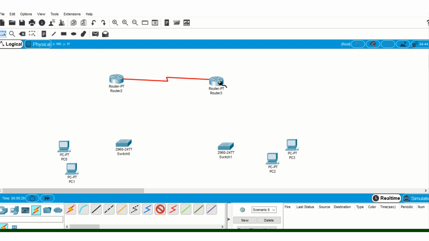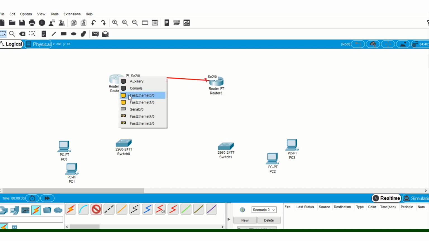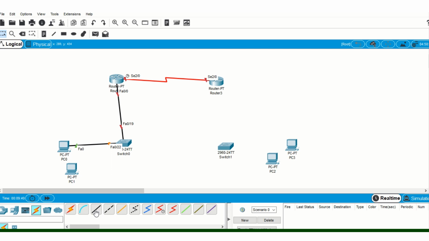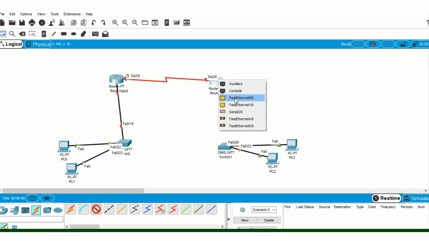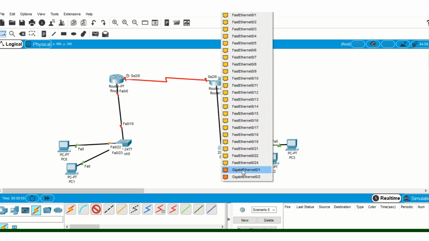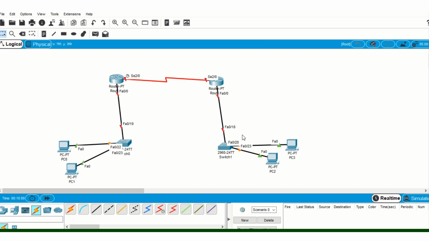This is the serial interface. Now we will add the switch with the PCs by the Fast Ethernet interface. Alright, so this is the network.